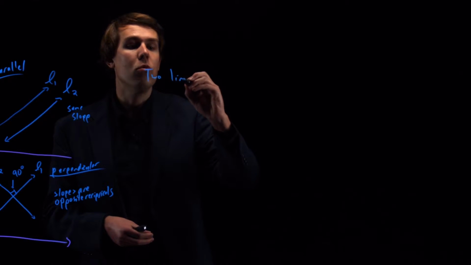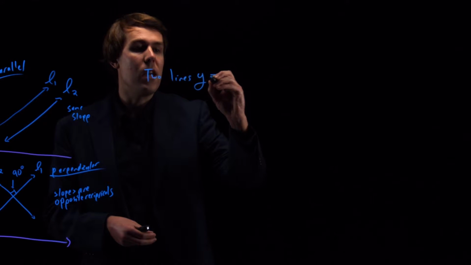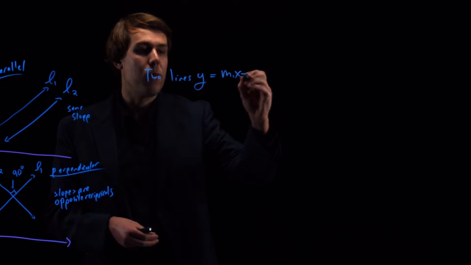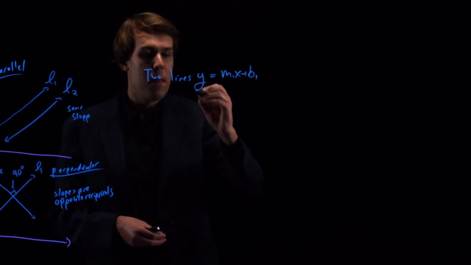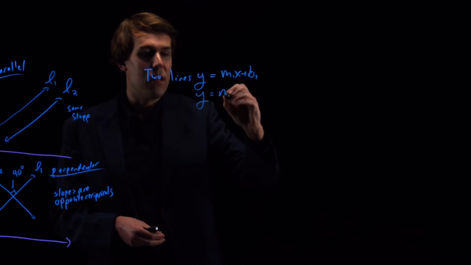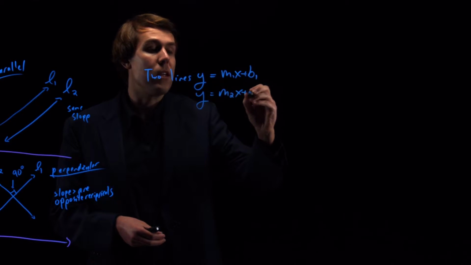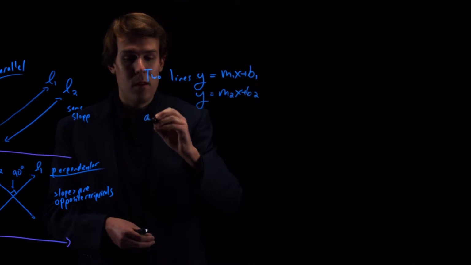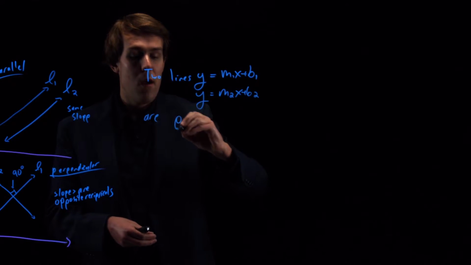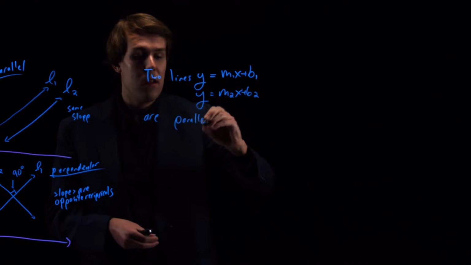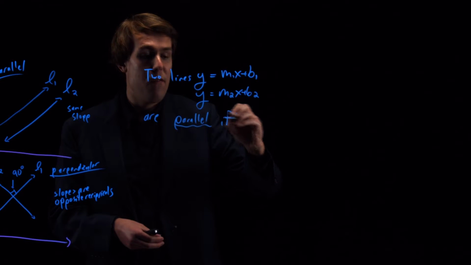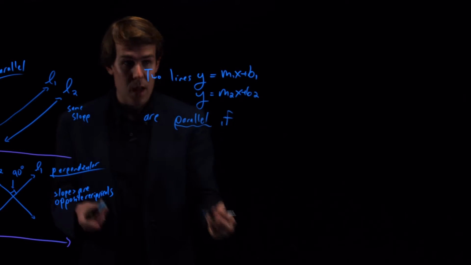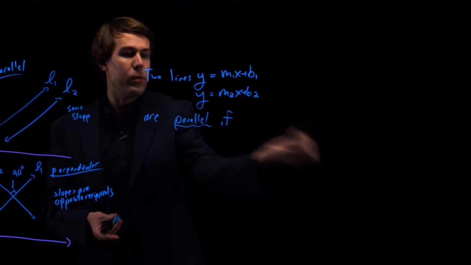So we'll characterize this mathematically as follows. We'll say that two lines, y equals m1x plus b1, and y equals m2x plus b2 are parallel if, well, the slopes should be equal, which means that m1 should be equal to m2.